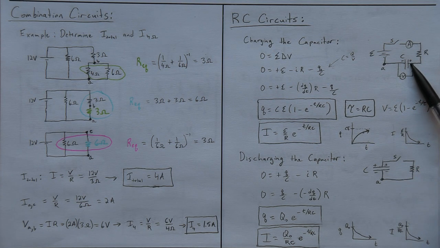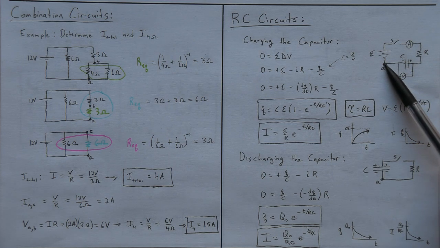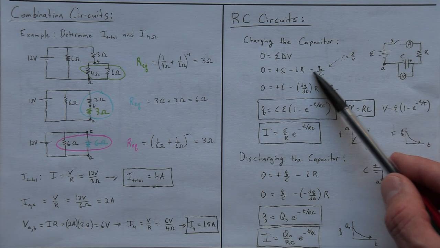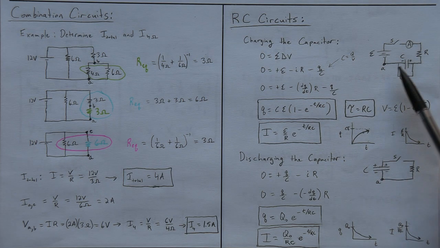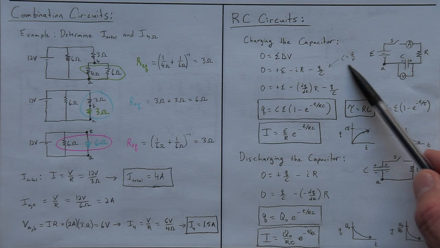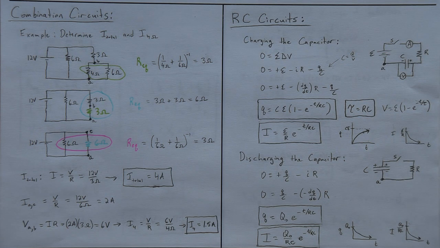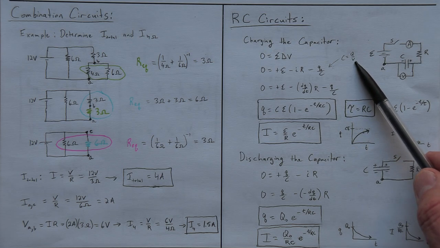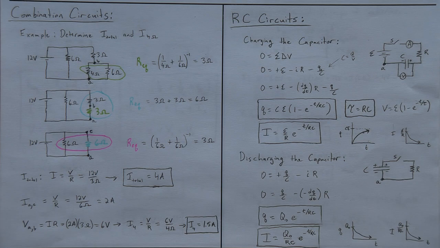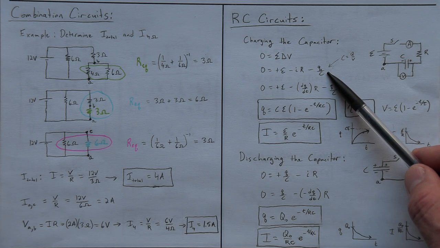The ant keeps walking and then walks from this plate of the capacitor to this one. Now as the capacitor is charging, this side's positive from the battery in the direction of the current flow, and this side's negative. So the ant goes down negative volts again, and it goes Q over C. That you get from this basic capacitor equation, C equals Q over V. If you solve that for V, put the V over this side, divide by C, you get Q over C. So this is still not a differential equation.